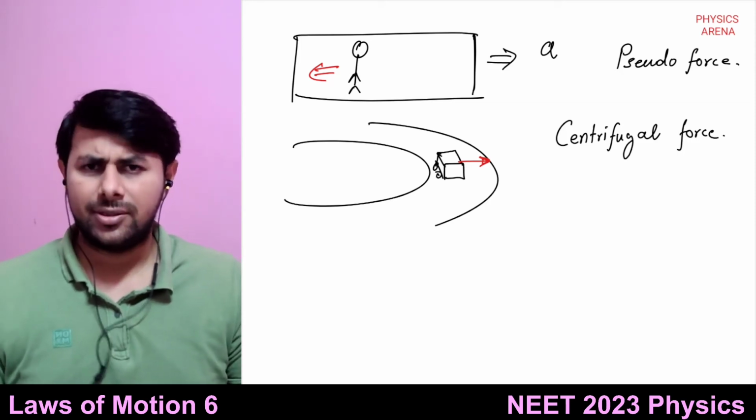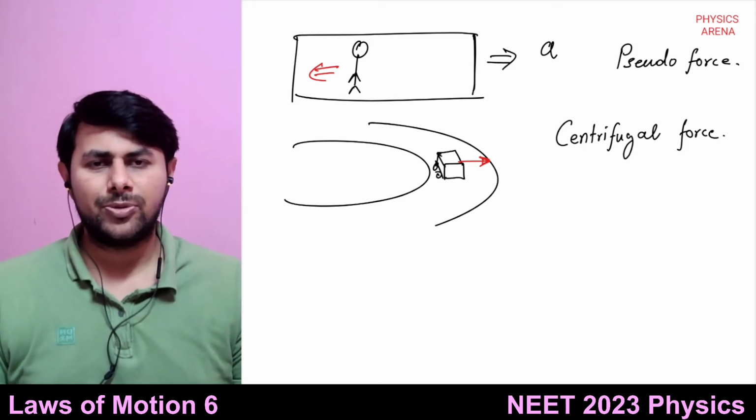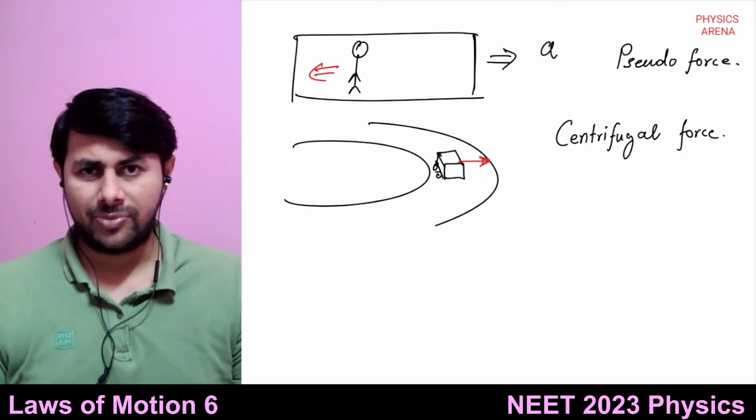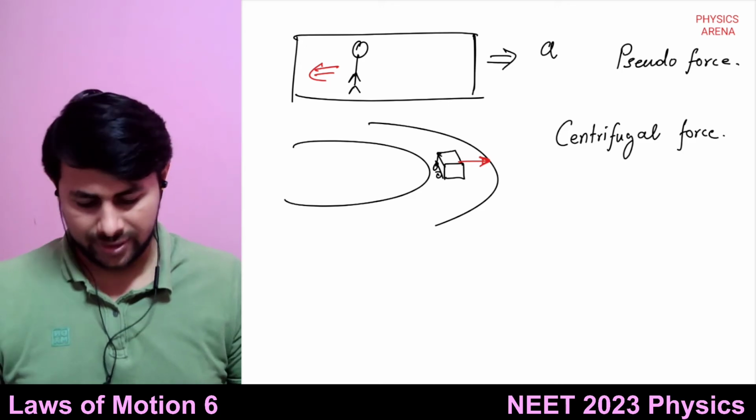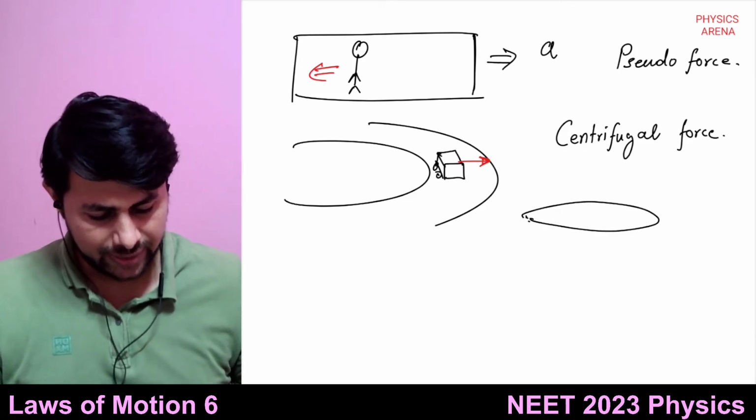Another example, which is again for circular motion, suppose there is a merry-go-round, okay, there is a fair, and have you seen a merry-go-round? Looks like this.